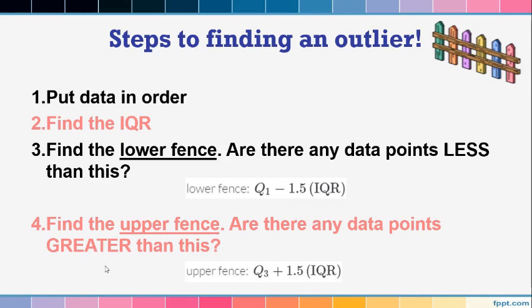If I had a box and whisker plot, I'm just making one up here, and my lower fence was here, I'd want to know, are there any numbers less than that lower fence? And likewise, I calculate the upper fence using my formula. Do I have any data that's above the upper fence? If I do, then that data point or points would be considered an outlier. That's what those fences are referring to. It means they're outside the range of most of the data.